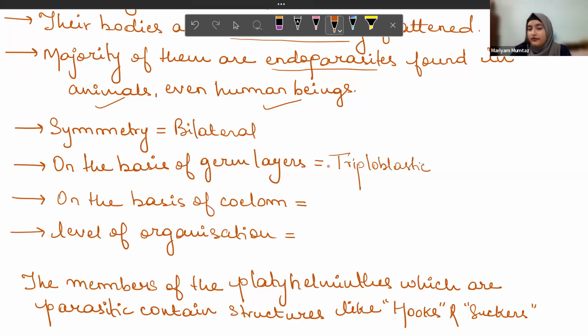Mesoderm is formed, right? Triploblastic. Now, on the basis of coelom, tell me whether the Platyhelminthes were acoelomate, pseudocoelomate, or coelomate. Acoelomate, because the coelom is absent. So your answer is acoelomate.